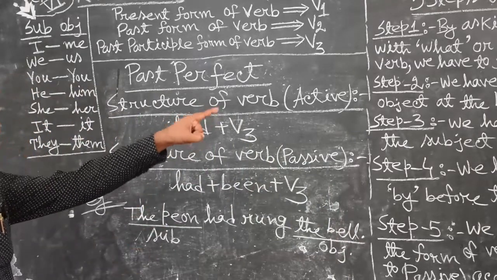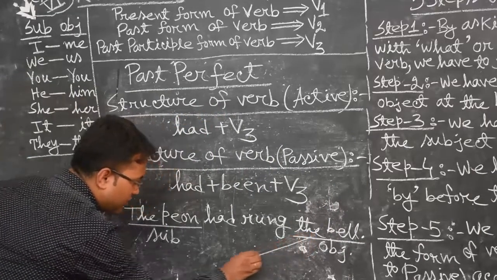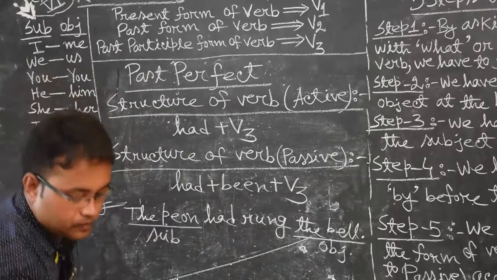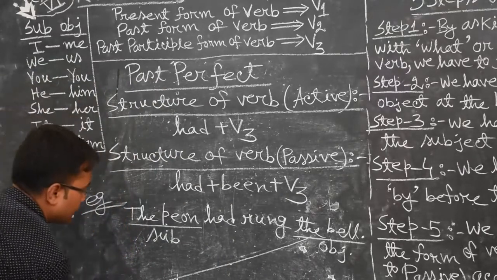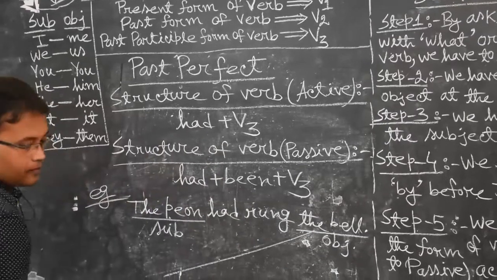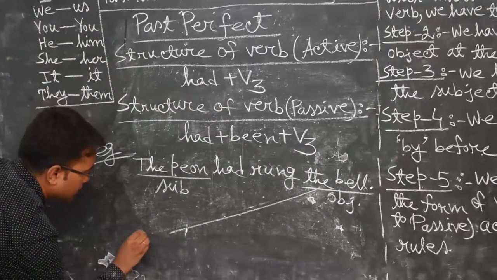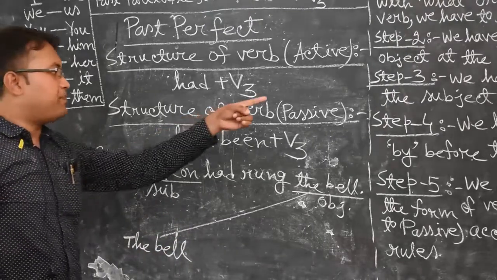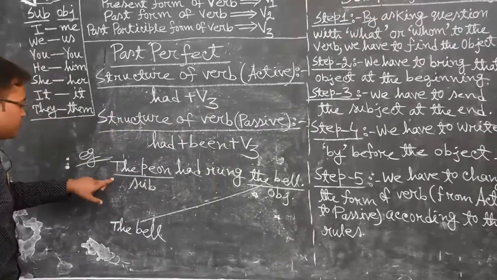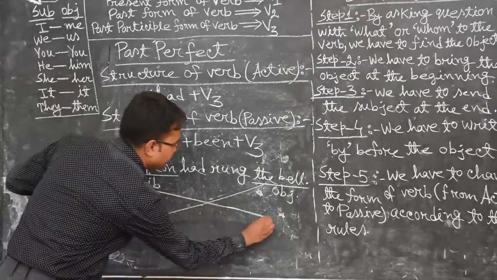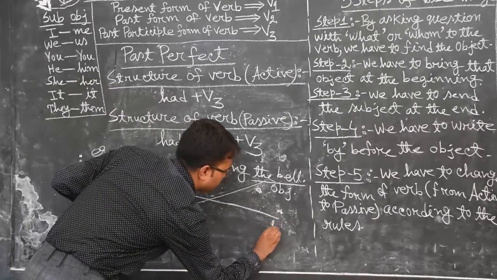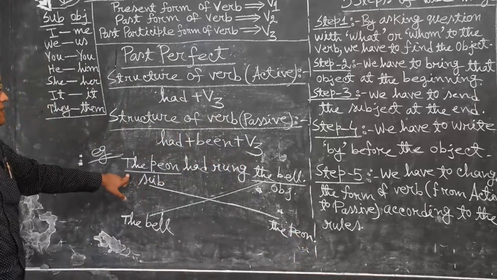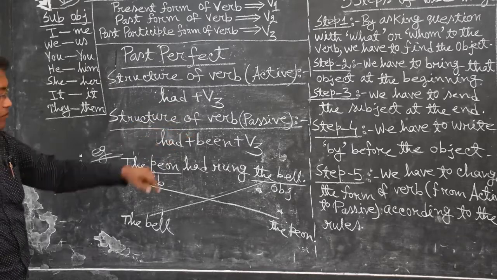Step 2, we have to bring that object at the beginning: the bell. Step 3, we have to send the subject at the end: the peon. Step 4, we have to write by before the object.